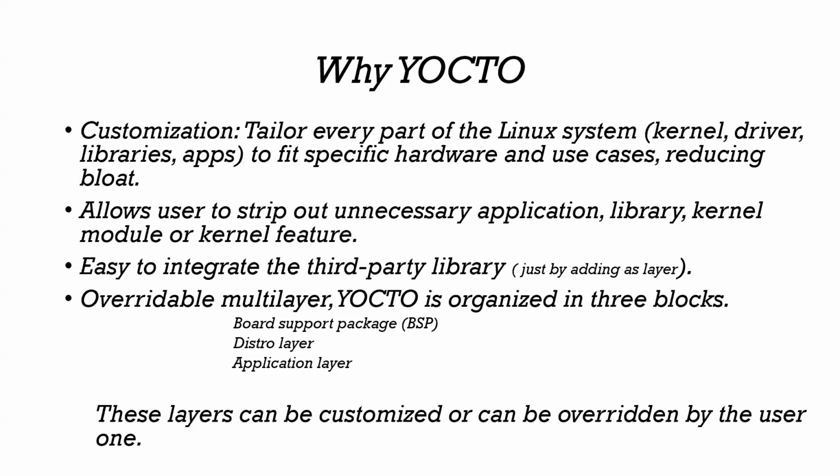Next thing is, Yocto provides me overridable multi-layers. It has multiple layers which are overridable. For example, as I told you, Yocto provides a layer for SSH, and by default it is using OpenSSH.